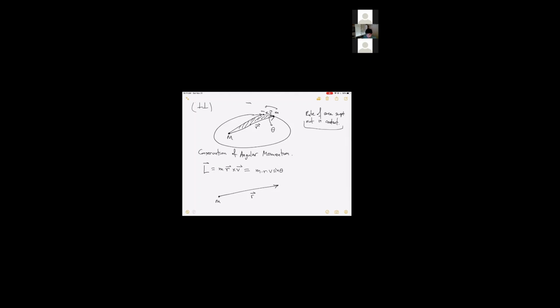Then let's say after some amount of time, the position vector changes to r plus dr. So it's changed by some amount, and this dr is the amount it's changed by. This is an infinitesimal change in the position vector. And then let's say this happened over a time dt.